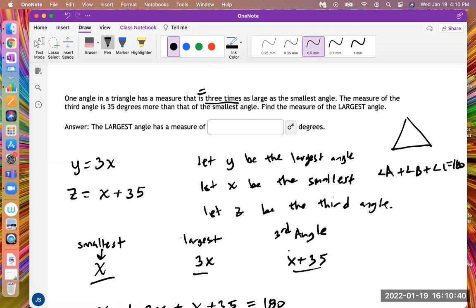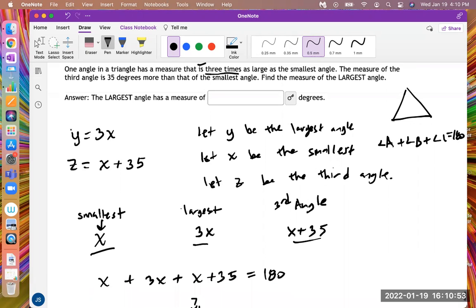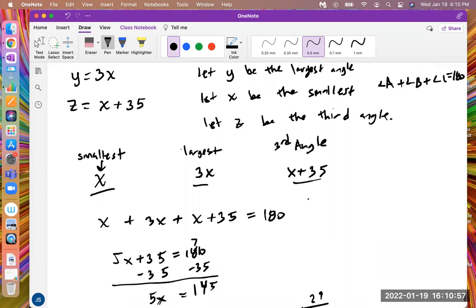I didn't say the third angle, it's 7 less than the third angle. No, I described everything in terms of the smallest angle. That's something important that you want to make sure you do. I didn't end up using the x, y, and z. I ended up just writing the word smallest, largest, and third.